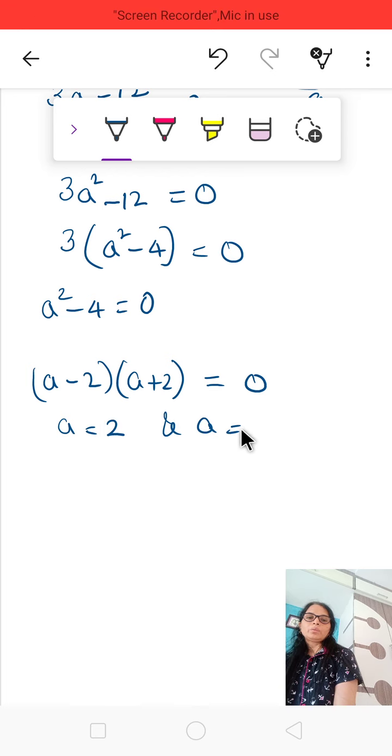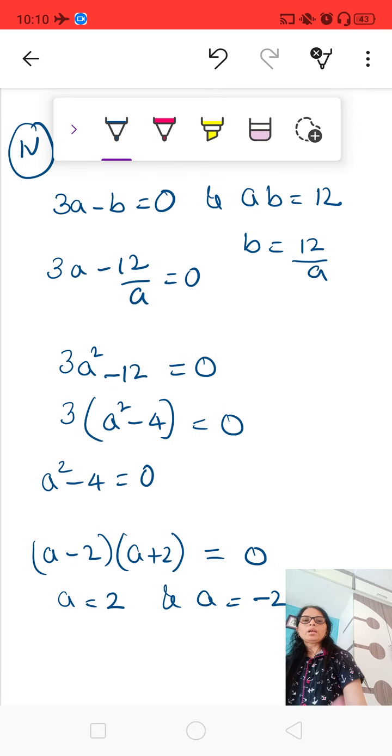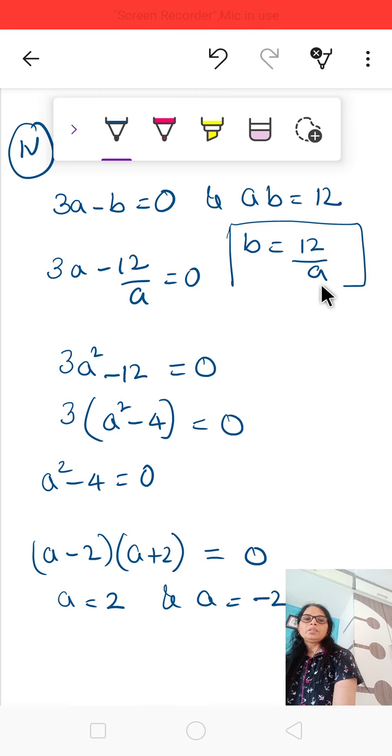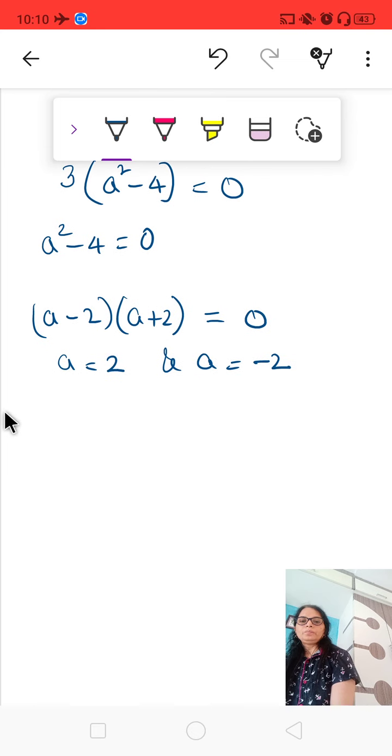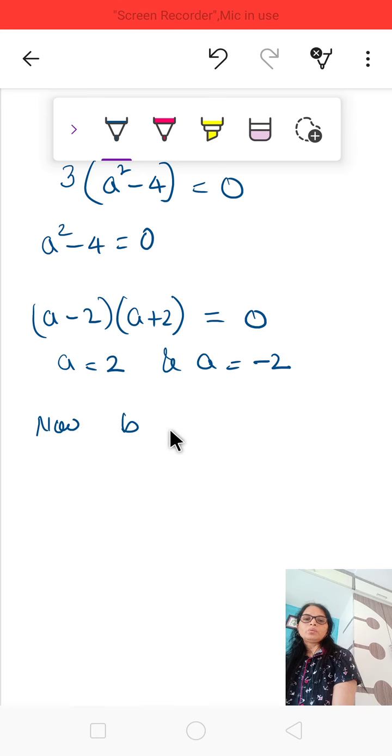एंड a की वैल्यू equal to -2 है। अगर a की वैल्यू -2 है तो हम लोगों को यहाँ पे सब्स्टिट्यूट करना पड़ेगा। We have to substitute in this equation so that we will get the value of b. तो एक बार 2 डालेंगे, एक बार -2 डालेंगे। b is equal to 12 upon a.